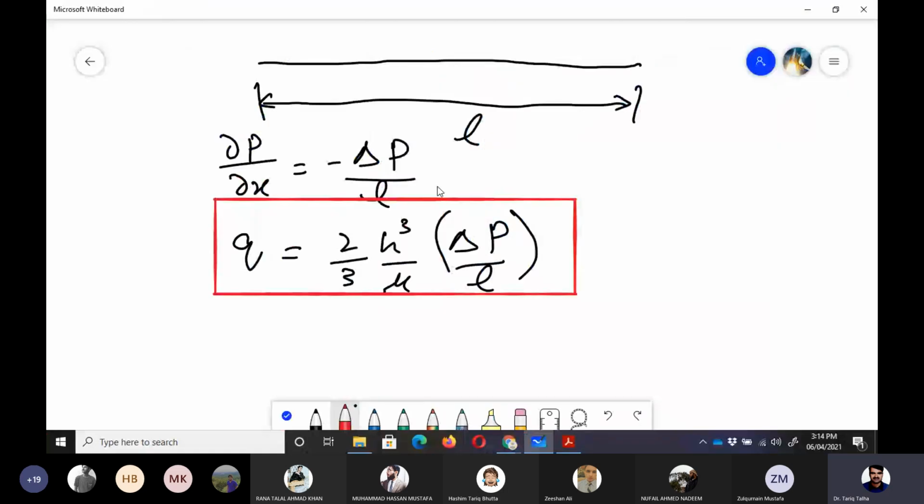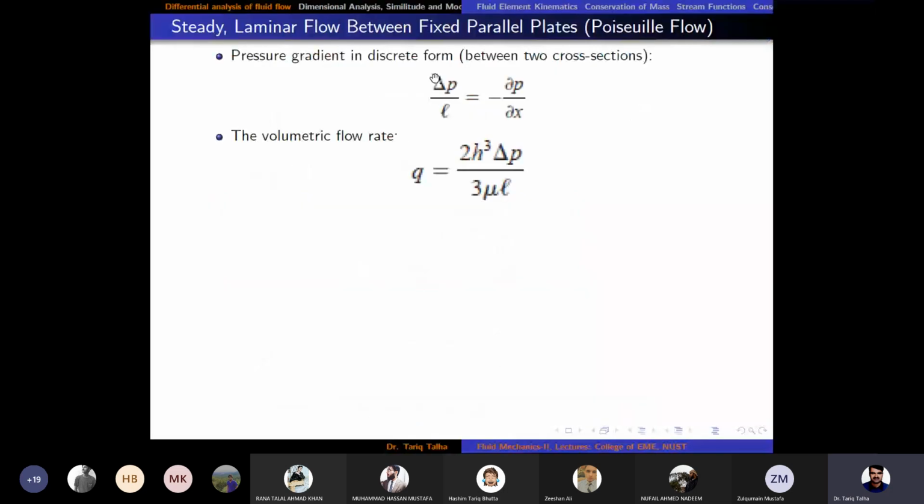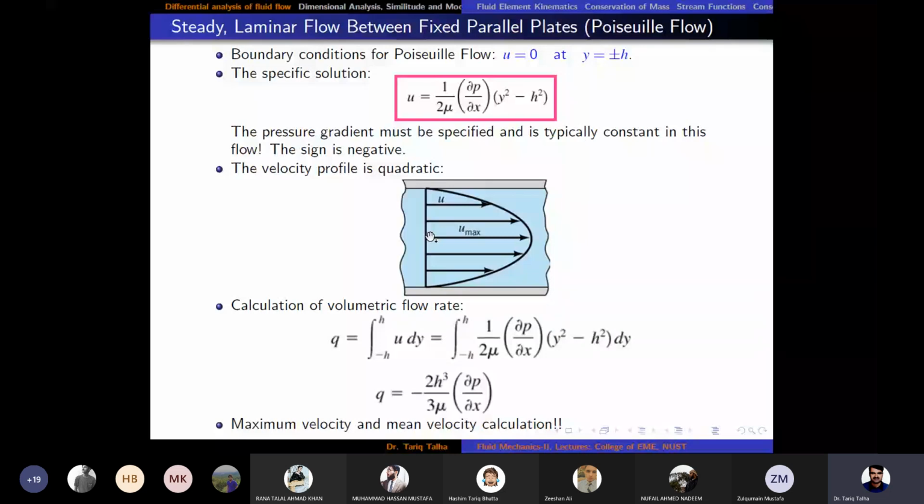Okay, now one thing we need to know is what the mean velocity is. So mean velocity, if you remember, we can also write Q is equal to AV. So here V is the mean velocity. So V would be equal to Q upon A. Now what is area here? Area here is this height, which is 2h into 1, which is the unit width.